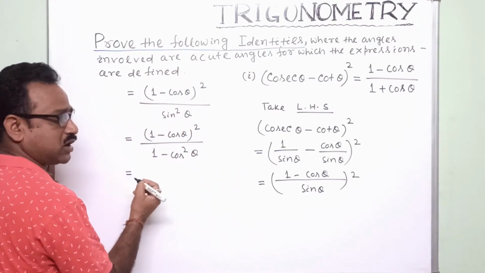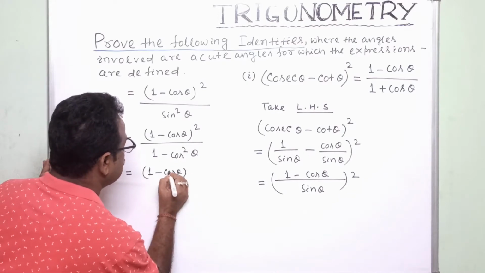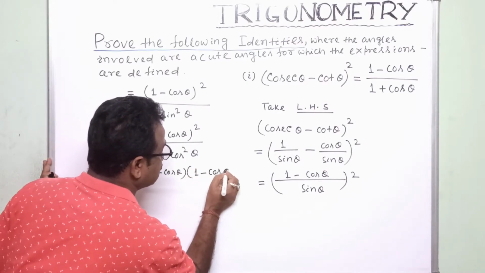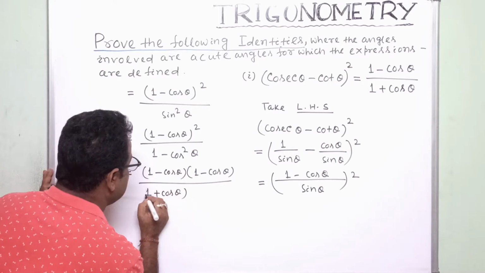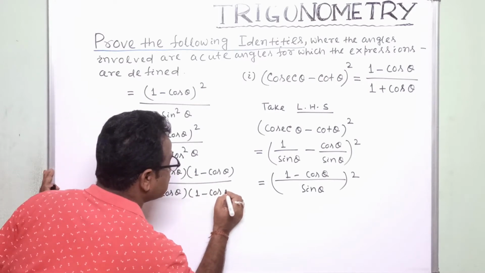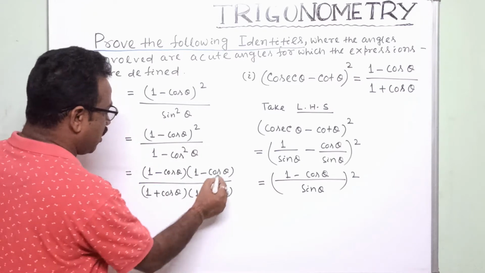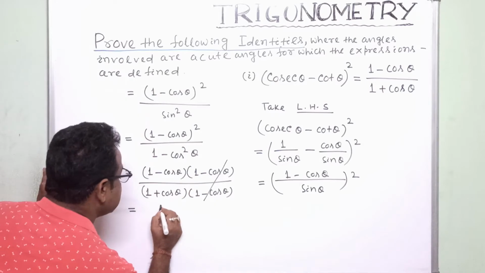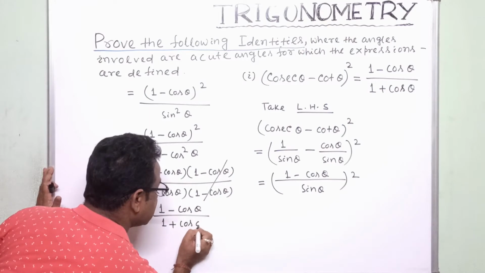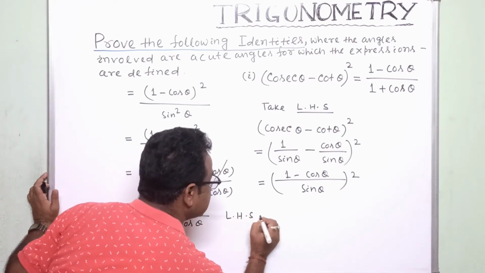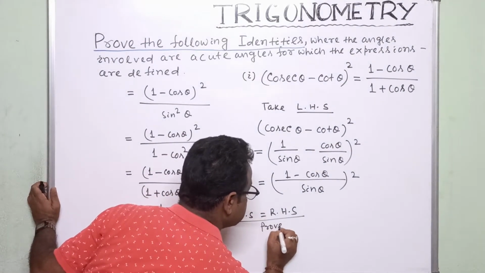So that is equal to (1 minus cos theta) into (1 minus cos theta) divided by (1 plus cos theta) into (1 minus cos theta), because a square minus b square is equal to (a plus b) into (a minus b). Now cancelling this, what we get is (1 minus cos theta) by (1 plus cos theta). So LHS is equal to RHS.